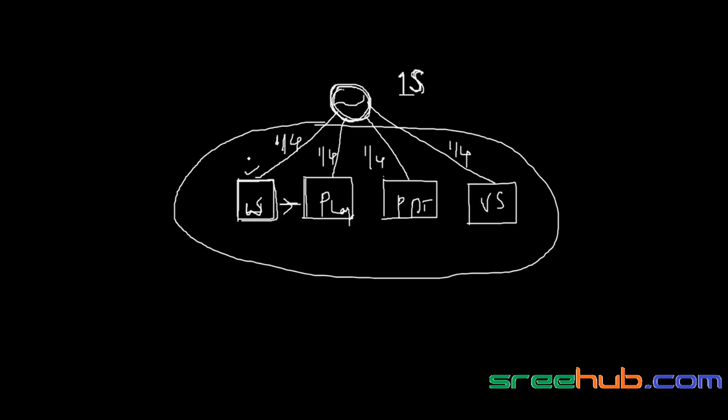The processor will save the last state of your Word, and it will move to the player. Again in the player it will spend one-fourth of a second. Let's say the player starts opening up and in one-fourth of a second it was not able to load completely, it is just loading some menus and all. Then that's it.